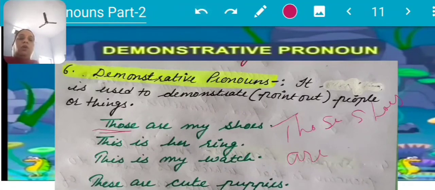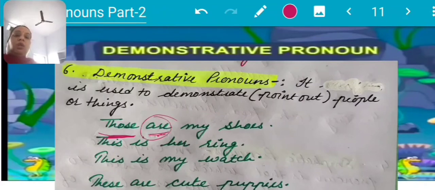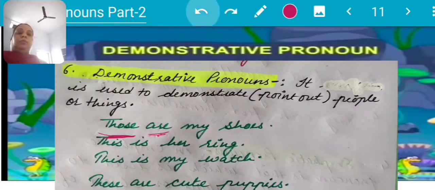A noun. But here it is "are," so this will not qualify as an adjective. This will work as a pronoun, because after the word those we are using "are." If there is a noun, then it would work as an adjective. So there is a great difference which you have to keep in mind.